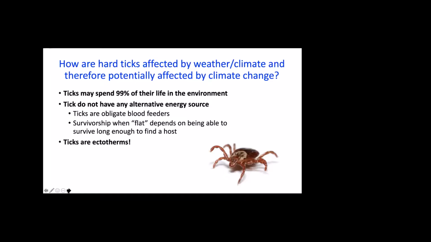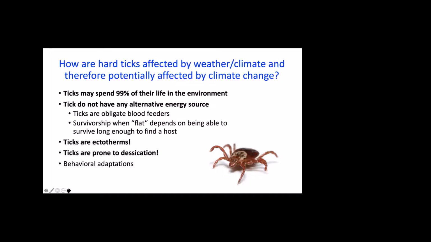And they are ectotherms, so during that time, they are affected by the temperature, right? And they're very prone to desiccation. The desiccation part is probably like the kryptonite of ticks, right?